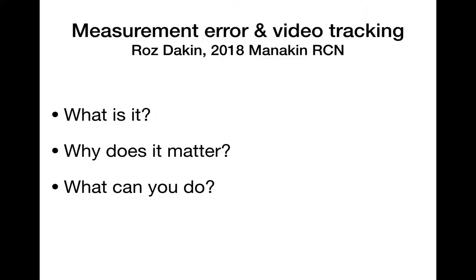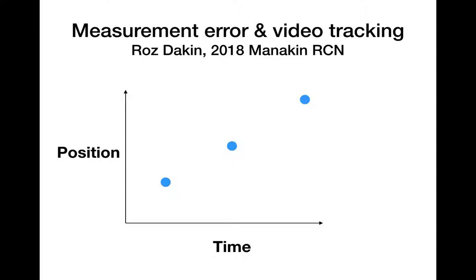what you can do. So often we have from video measures of an animal's position across multiple time points. And so often we want to use these video tracking data to obtain and compare measurements of the animal's speed and acceleration. So suppose we have 3 time points here indicated in blue.